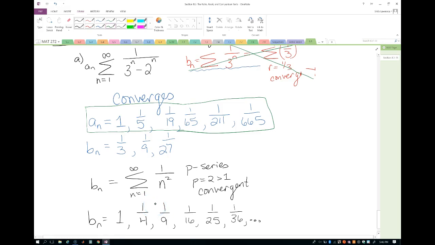And that proves, since we compare these two, the a sub n's are definitely smaller than the b sub n's. And we know b sub n is convergent, so any series that has smaller terms would also be convergent.